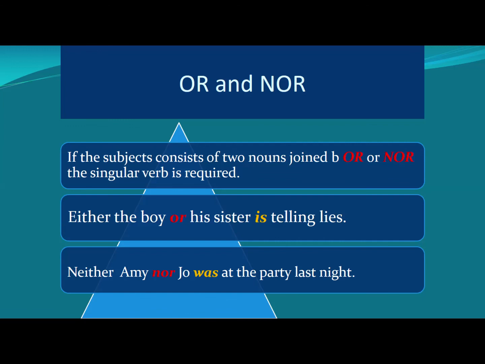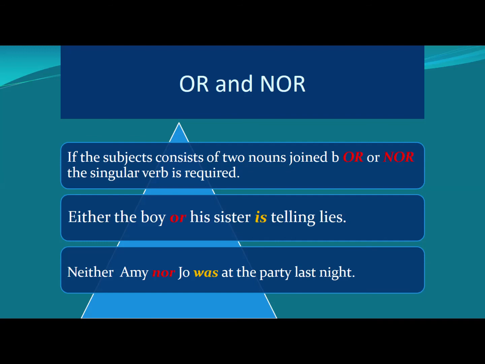Or and nor. If the subject consists of two nouns joined by or or nor, the singular verb is required. You can see: either the boy or his sister is telling lies.